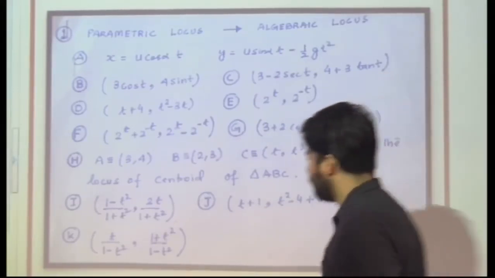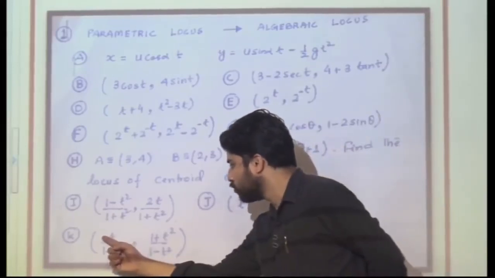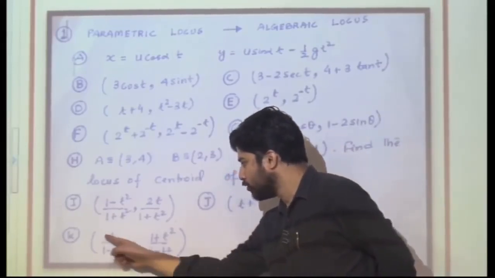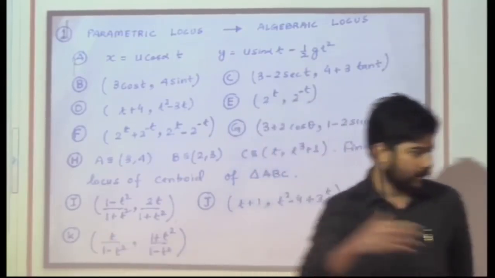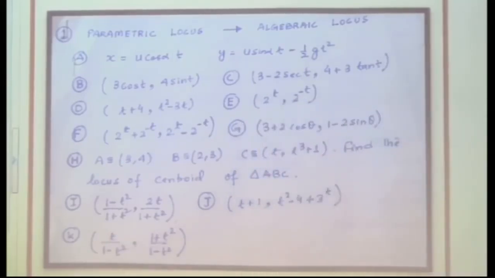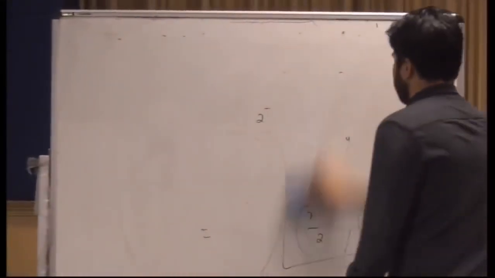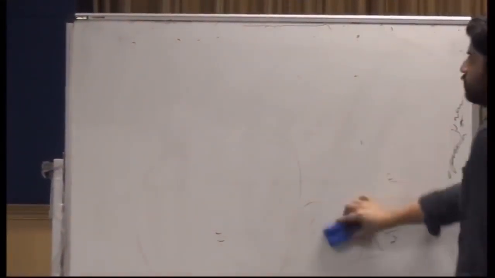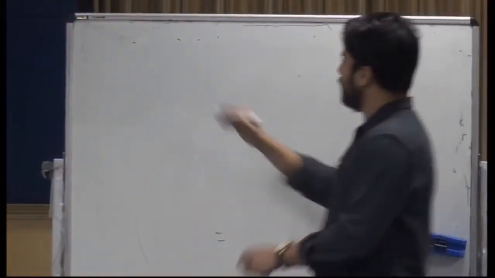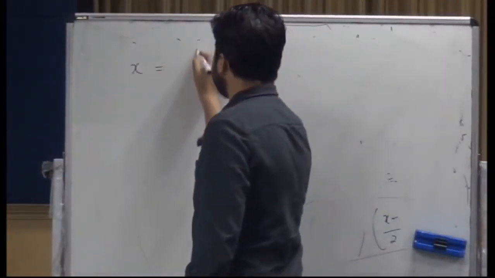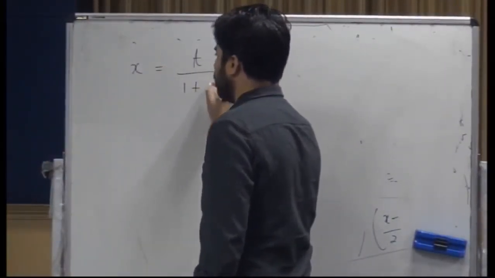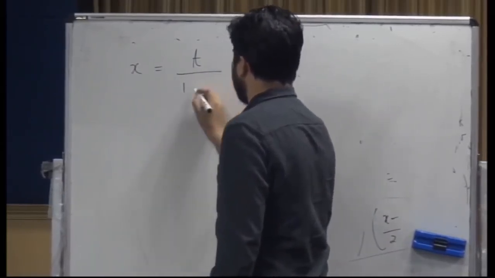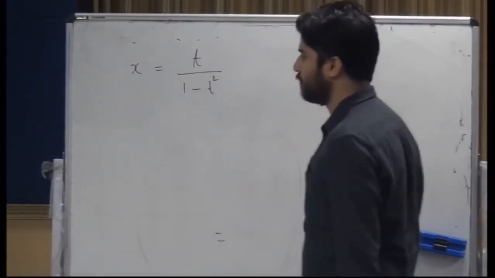Now k, you tell me, what is missing here? If you put the 2 in, then what will happen? Just come to the board. Let's see. You see, x is t upon 1 minus t square, right?